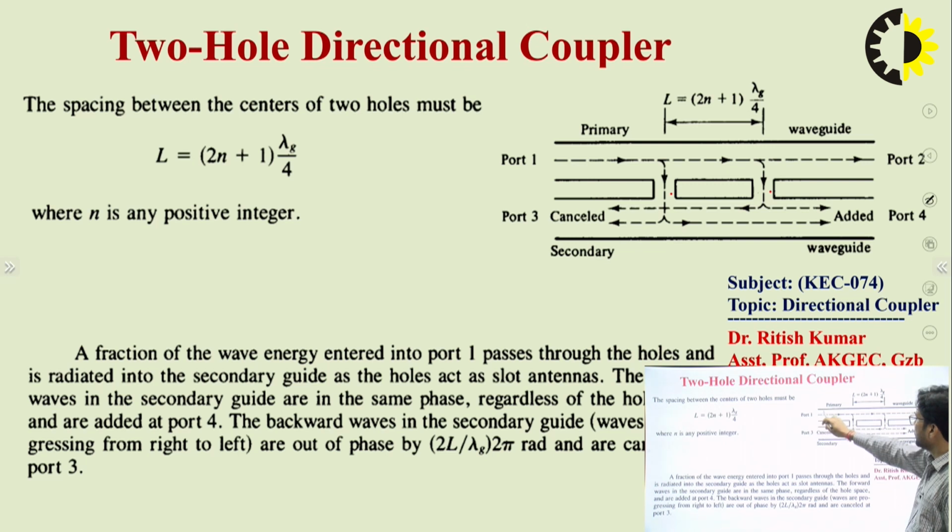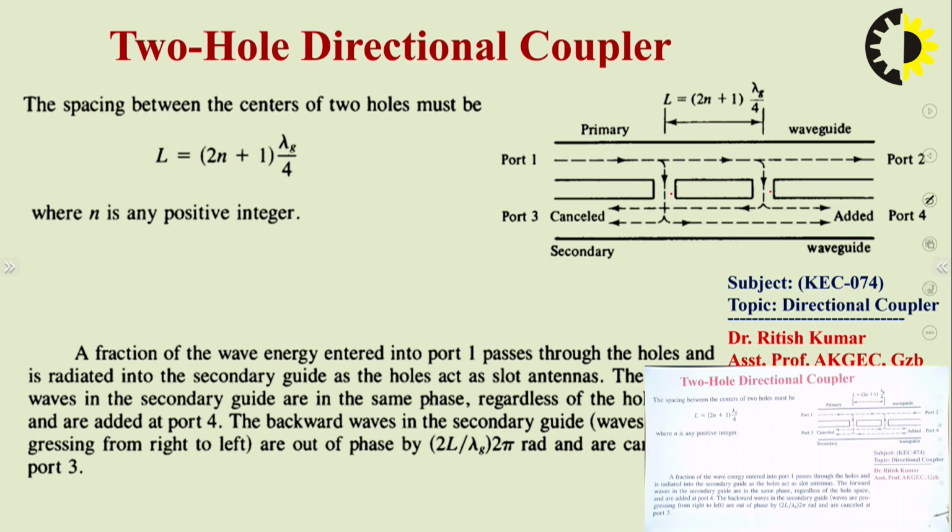here you can see this is the primary waveguide, port 1 and port 2, and port 3 to port 4 is the secondary waveguide. With the help of two holes, we have connected these two waveguides, primary and secondary, with each other in such a way that you can have added power at port number 4 and cancelled power at port number 3.